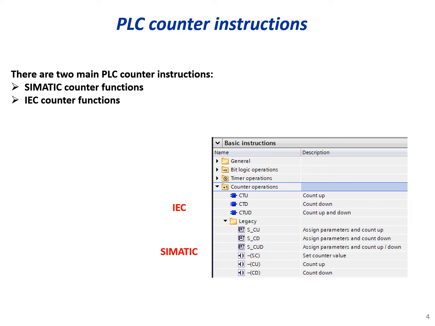As you can see here, we have the IEC ones listed under the counter operation in the basic instruction list, and we have legacy counters. Those legacy counters are called semantic counters because they only belong to the semantic PLCs and Siemens PLCs.